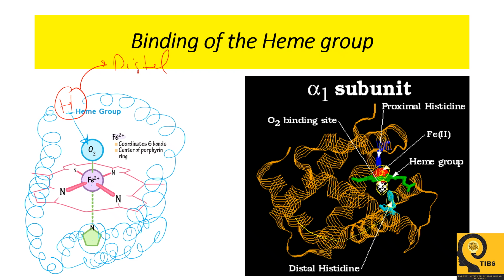When this chain folds again and again, the proximal histidine, shown in the diagram, is directly attached to the iron. This attachment to the iron and to the oxygen helps to stabilize the globular structure of myoglobin and makes its oxygen affinity stronger than that of hemoglobin.